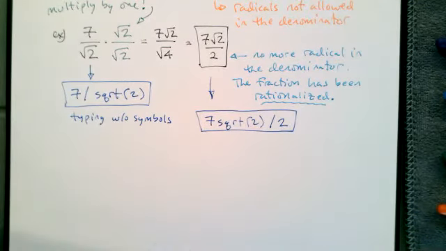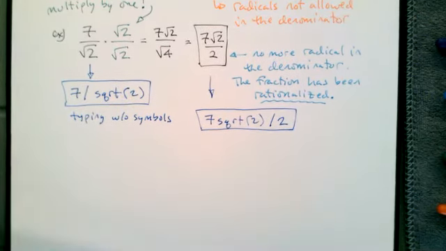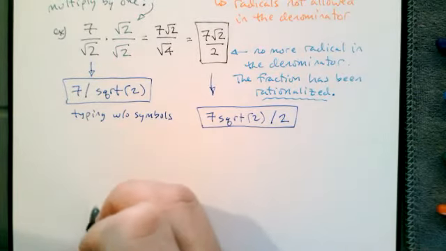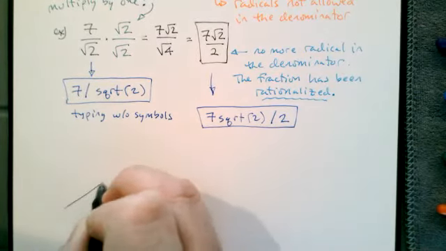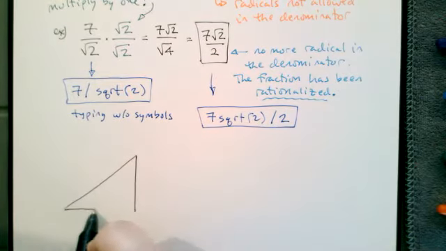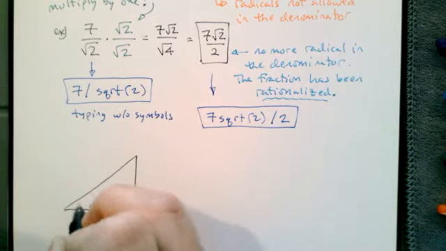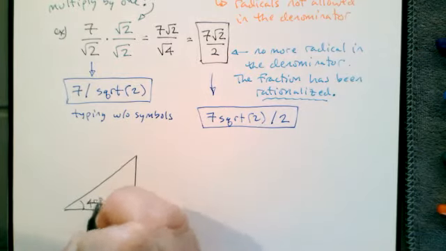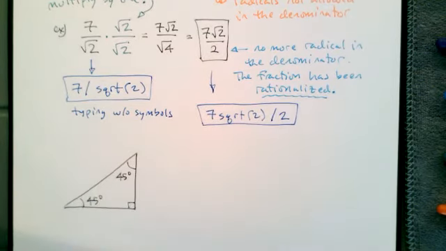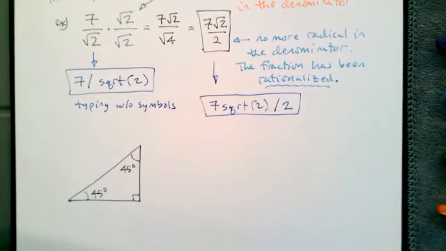So let's look at our isosceles right triangle again. This was referred to in the text as a 45, 45, 90 triangle.